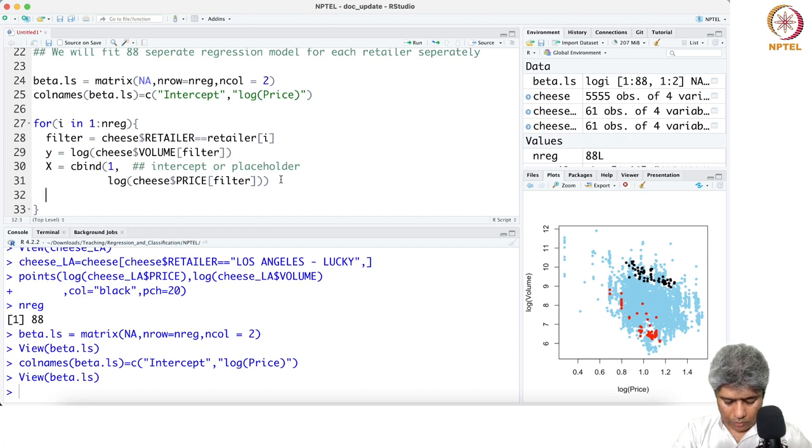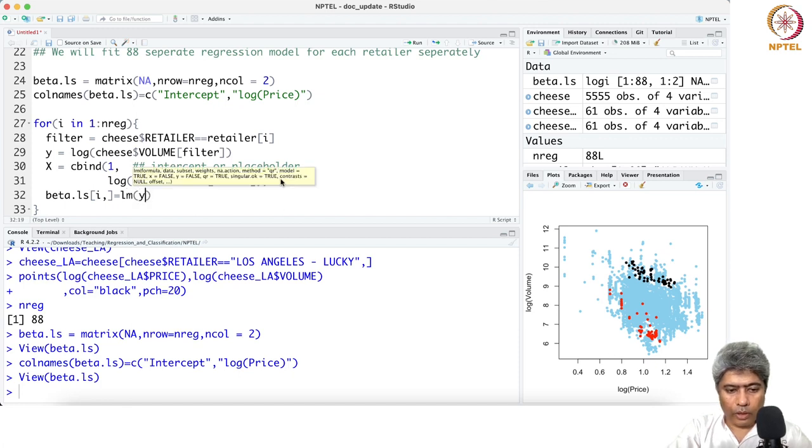And then beta.ls i comma, lm y tilde x minus 1, dollar coefficients.